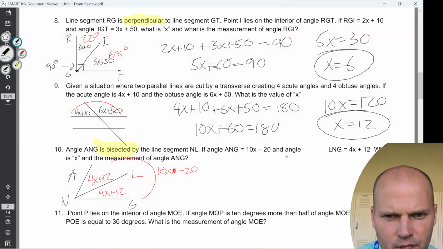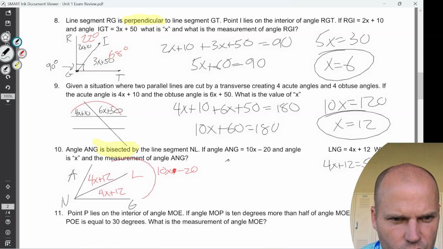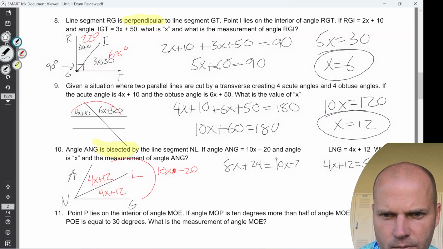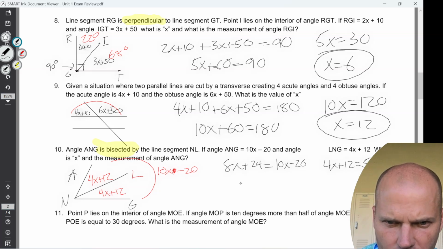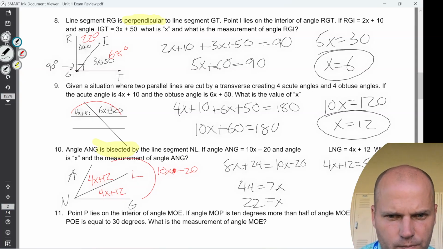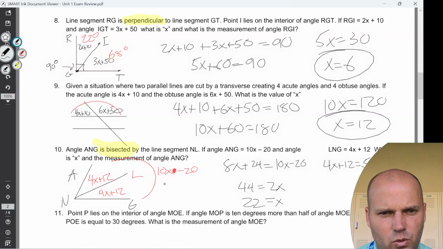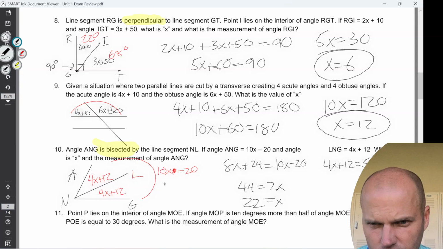However you want to set it up, either you can do 4x plus 12 equals 5x minus 10, or you can do 8x plus 24 equals 10x minus 20. You could solve the equation and get the correct answer, that x equals 22. That means ANG is 10 times 22 minus 20, or 200 degrees.